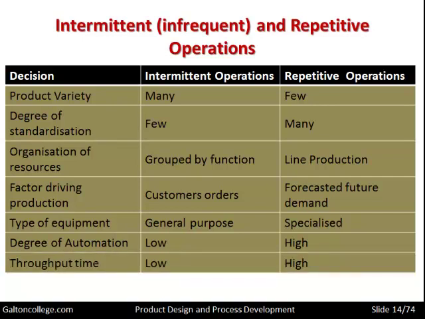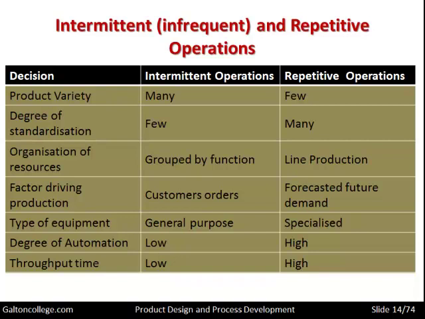The throughput time, well, it's low for intermittent operations. Intermittent operations may have to run through certain processes and be taken off the machines, moved back onto different machines and be moved around between one part of the shop floor and the next until they are completed.